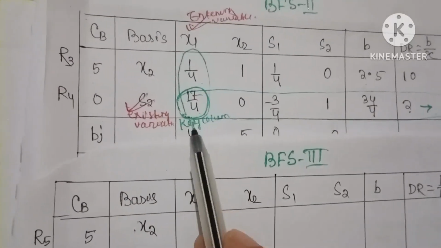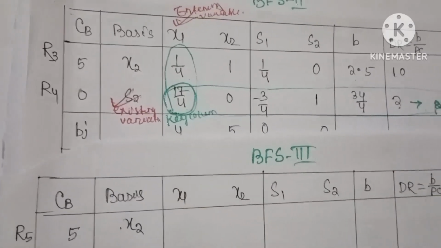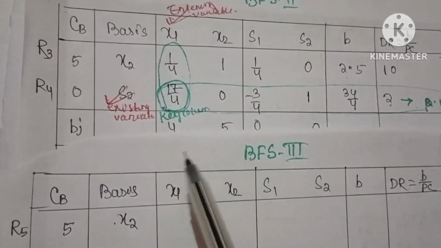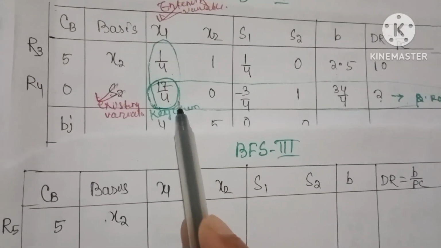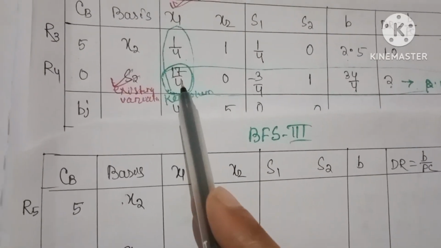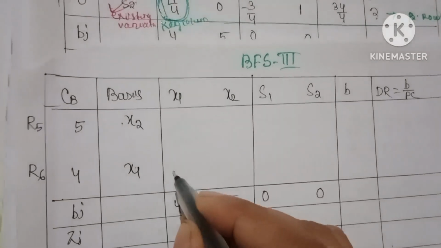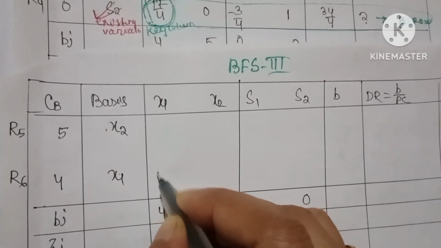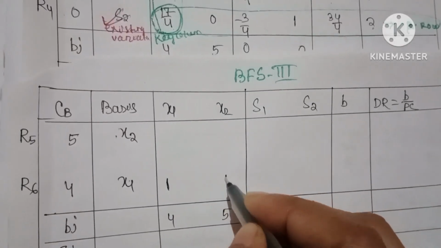As you know, here we have to convert the key element into 1. So for that we have to simply multiply the pivot row by 4 by 17. So 17 by 4 into 4 by 17 becomes 1. Then 0 into 4 by 17 becomes 0.